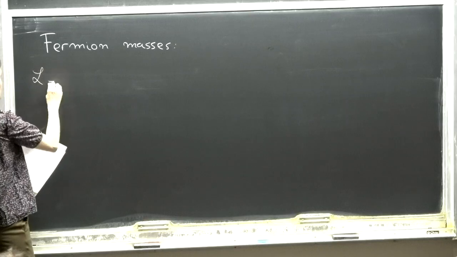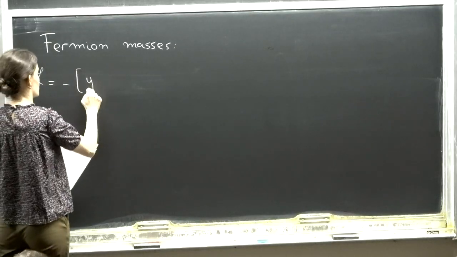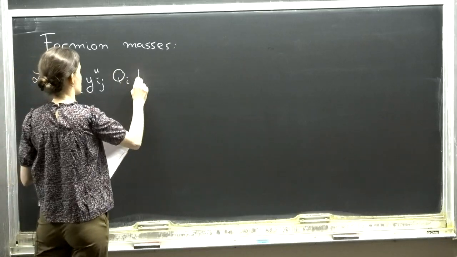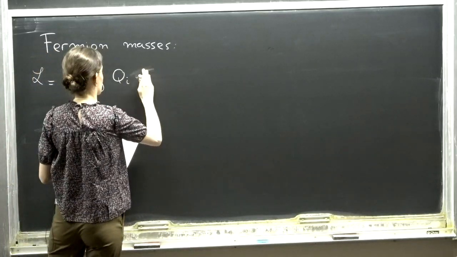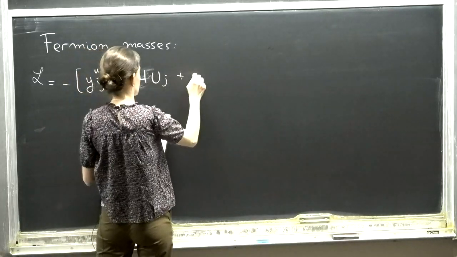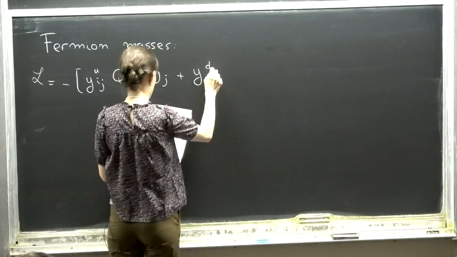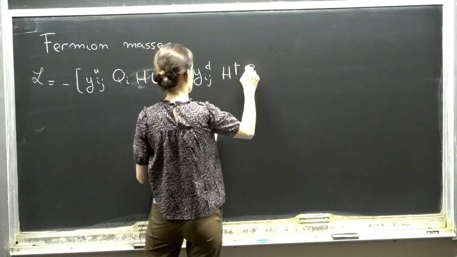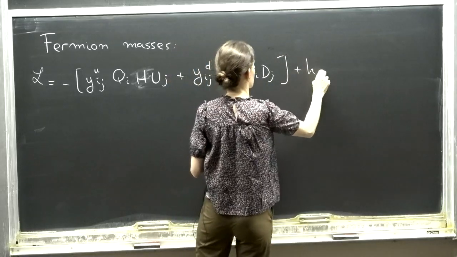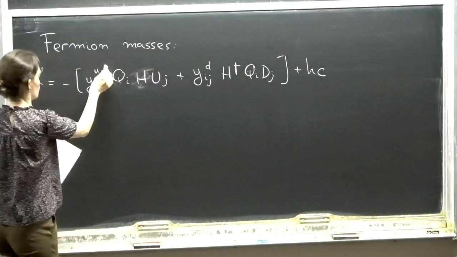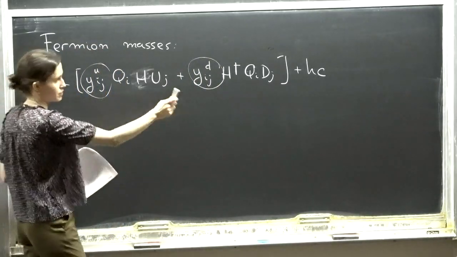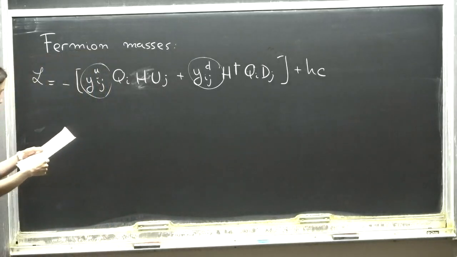Fermion masses are also due to the Higgs. And this comes down to the Yukawa couplings Y^U_ij and Y^D_ij; let me write this. These are two 3×3 matrices, where ij refers to generation indices.